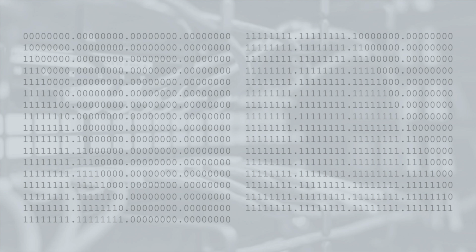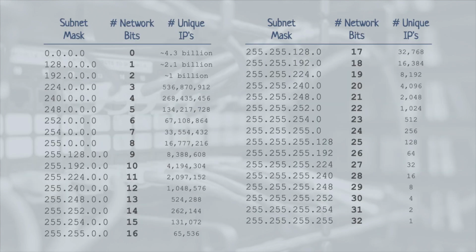Now, here's the same list, but shown in decimal. Next to each subnet mask, we've noted the number of bits in the network portion of the IP address, as well as the number of unique IP addresses which exist on the network.